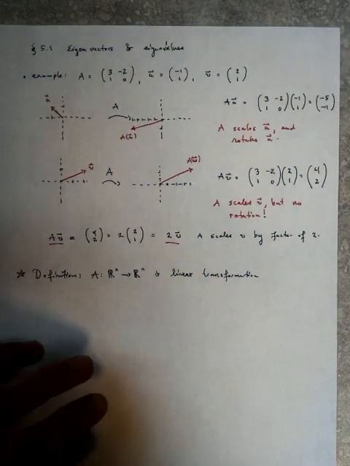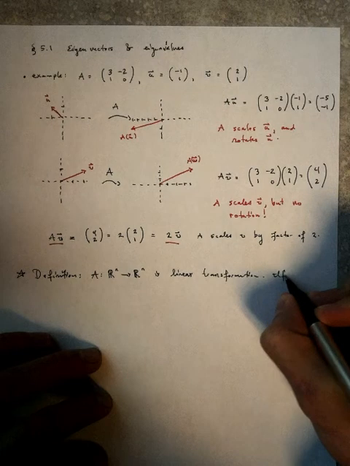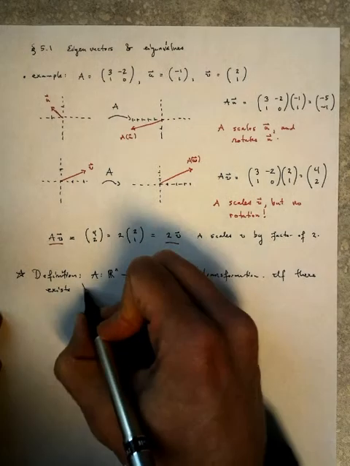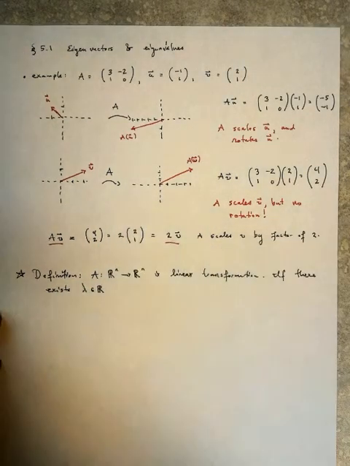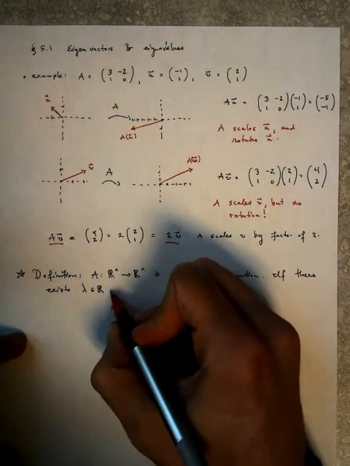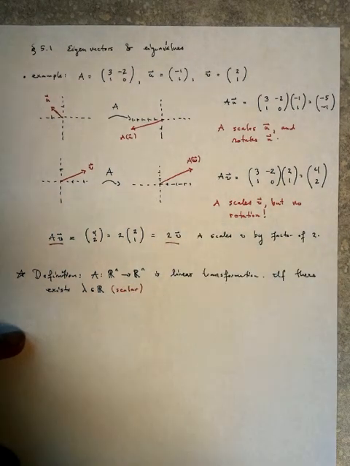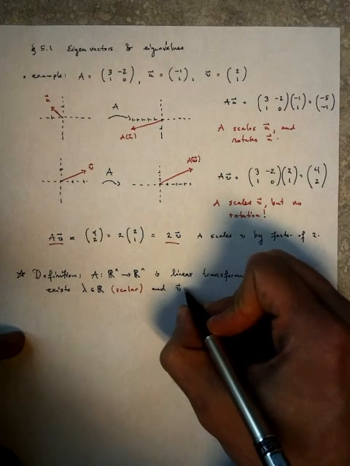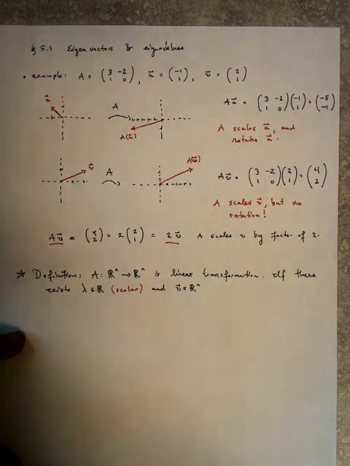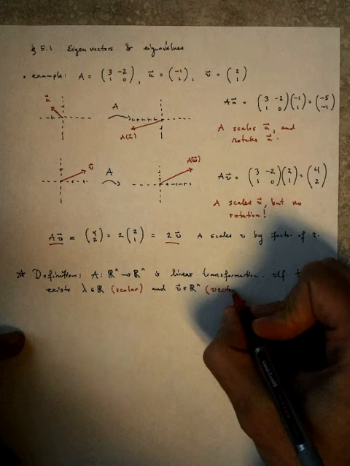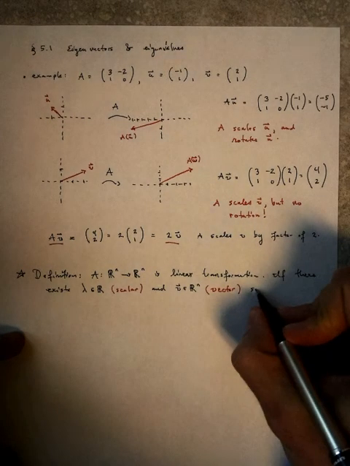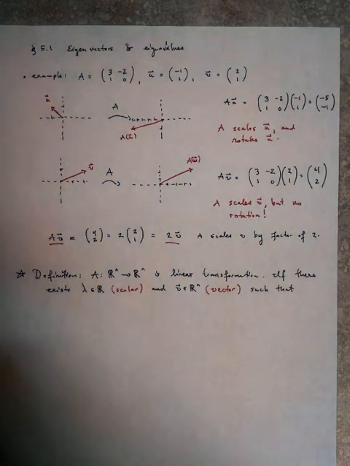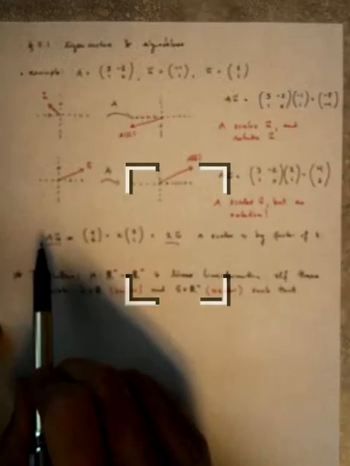Okay. Okay. If there exists a lambda, okay, so this lambda is a scalar, and a vector V such that exactly this happens.